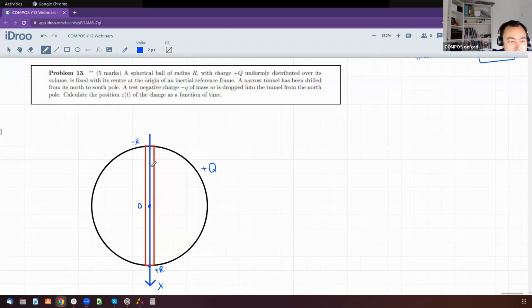And let's say we are here. I've displaced, let's say we are here. Let's say the charge is at this point, a distance x away. Charge is at x.